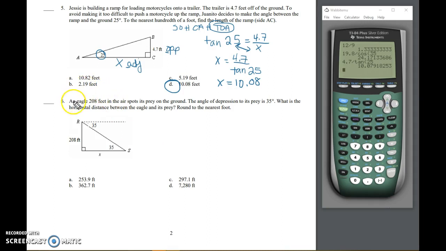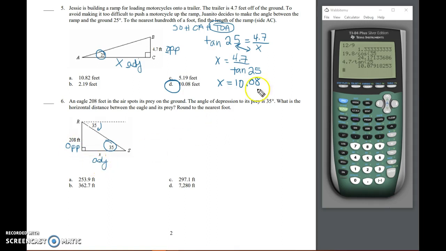Okay, an eagle 208 feet in the air spots its prey on the ground. The angle of depression is 35 degrees. That means it's looking down. And that also causes an alternate interior angle, so that makes this 35 our theta. What's the horizontal distance? They've labeled that x between the eagle and our prey. So since 35 is my theta, 208 is opposite, making x the adjacent side.